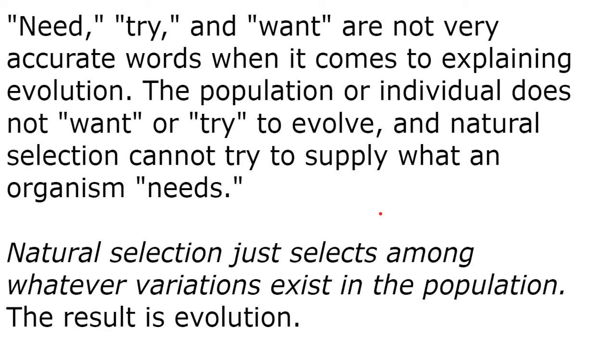Natural selection simply selects among whatever variations already exist in the population. The result is evolution. Evolution is not like they adapted because they needed to adapt or they wanted to evolve. That's not how evolution works. It just selects amongst variations that already exist through genetic mutations or gene shuffling.